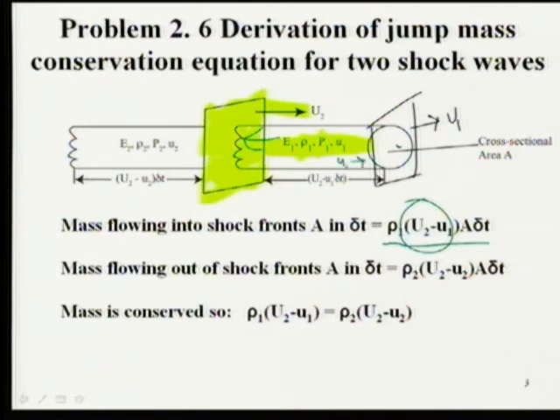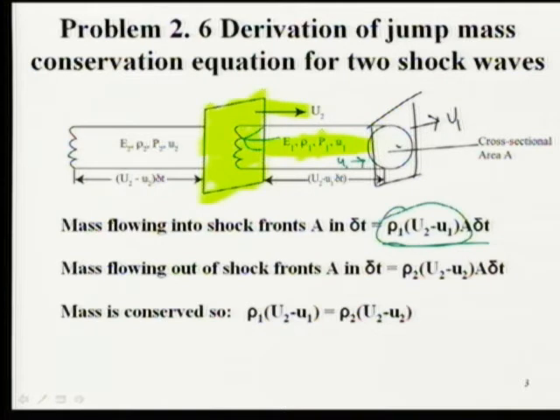The u1 is forward, so you subtract it to give you the Eulerian velocity in this coordinate system. The area is a cross-sectional area A, so in a small delta time delta t, this would be the mass that's flowing into the front, or the front is crossing over, whichever way you want to view it.